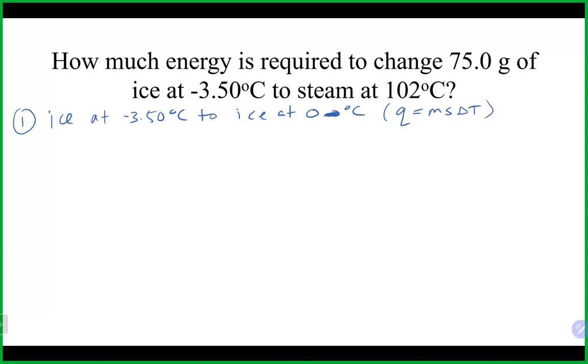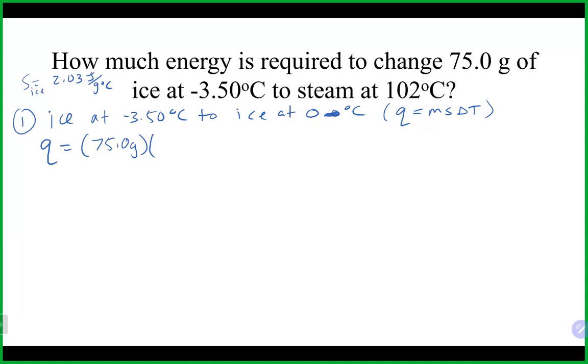Again, if you look at the graph, we're going upwards on that graph. So in this case, our Q would equal our mass, which was 75 grams, times the specific heat capacity of ice, and I'm going to go with it being, I think it's 2.03, give or take, pretty close. We'll go with that. Here we would not want to use that 4.184 number because we are not at liquid water yet.